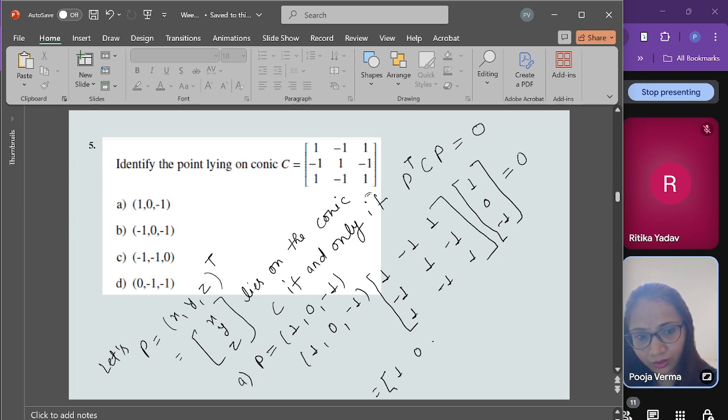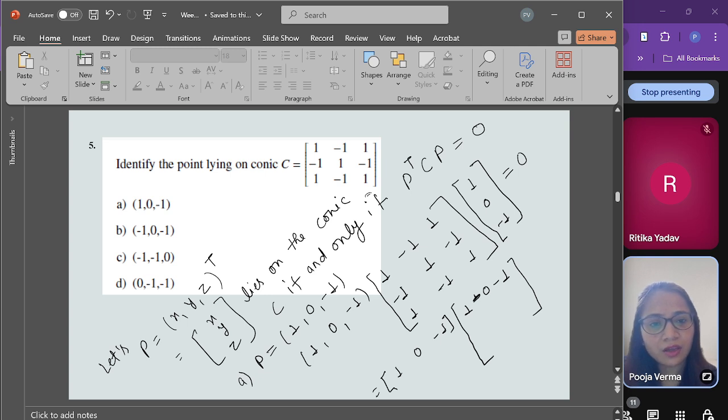First we need to multiply these two. So just multiply the first row with this column, then the next row with this column, then the next row with this column. So 1 into 1, 1, minus 1, 0 will be 0 only, 1 into minus 1, so minus 1. Similarly for the next one, minus 1 plus 0 plus 1.